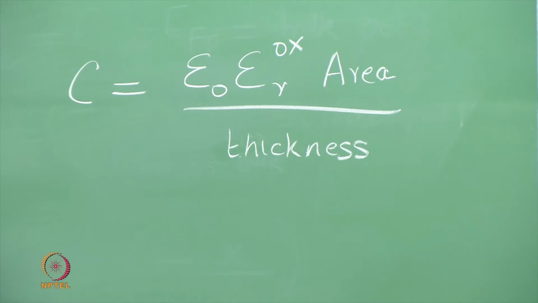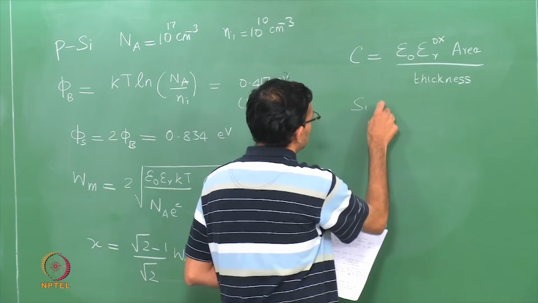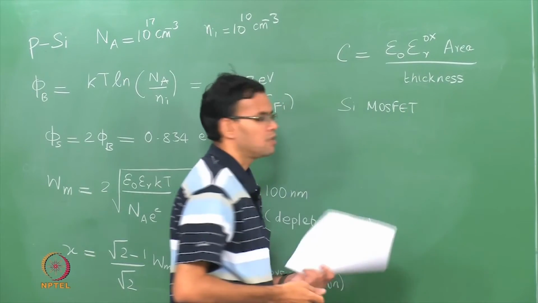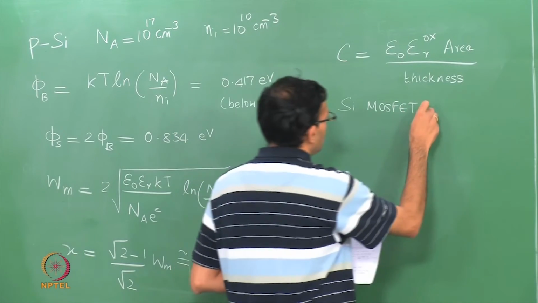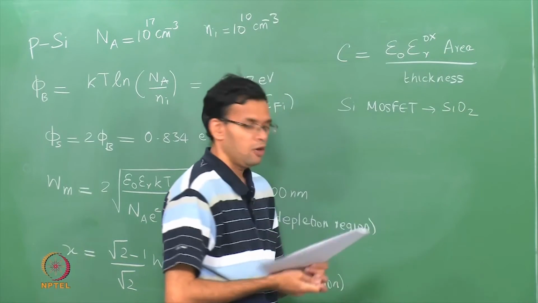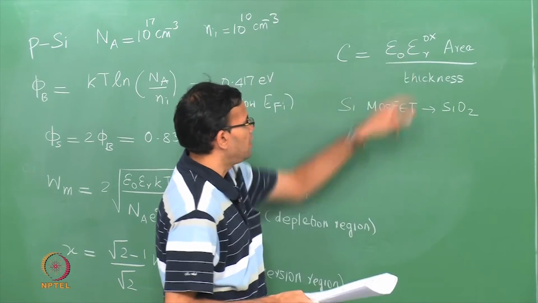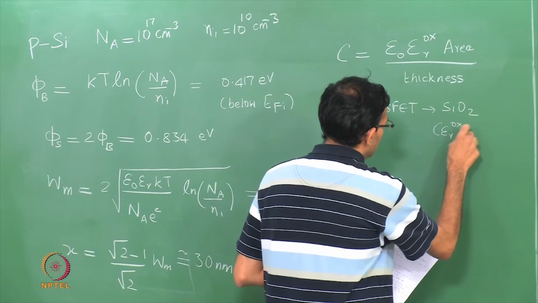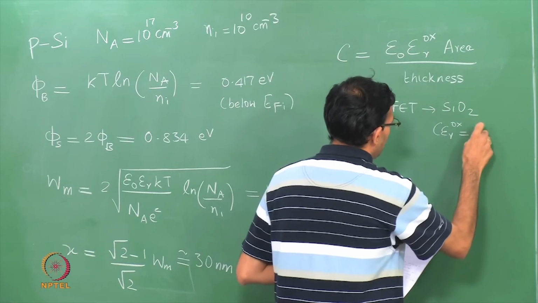In the case of the IC industry, silicon is your material of choice for the MOSFET. So, the oxide layer that is used is always SiO2, and SiO2 has a relative permittivity of 3.9.